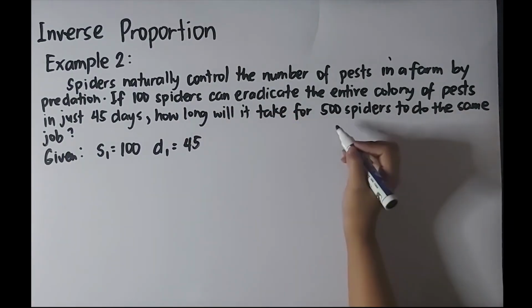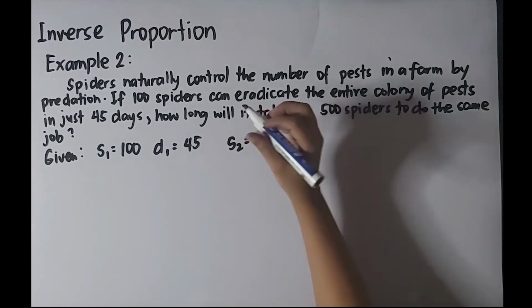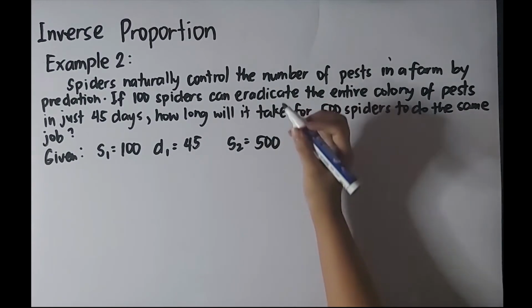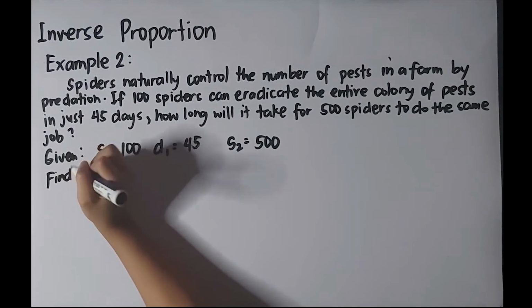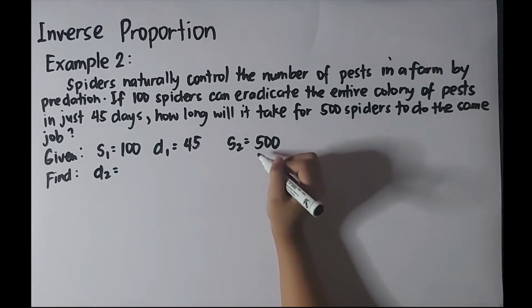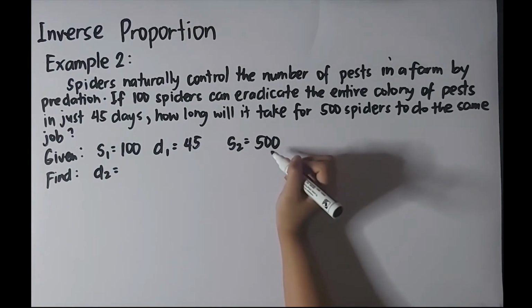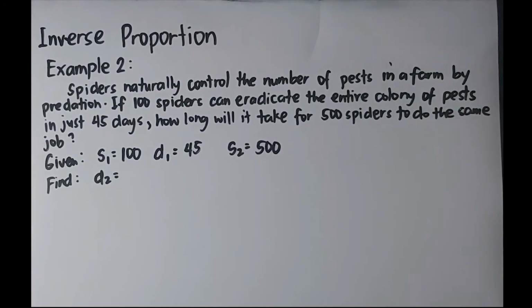And for the second ratio, we have S2, number of spiders, which is 500. So we need to find the number of days, or D2, for the 500 spiders to eliminate the colony of pests.